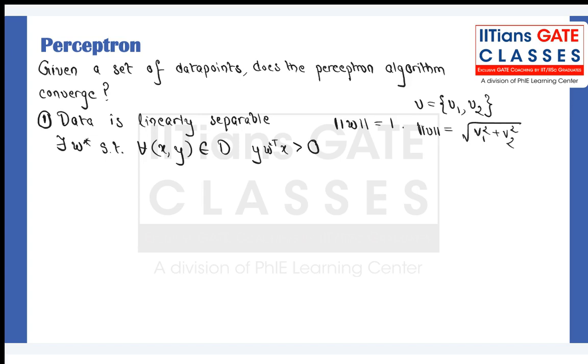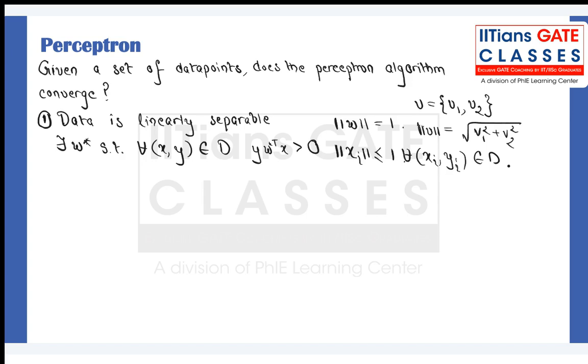It's the same thing. And another assumption that I make is I also standardize my data points. So each xi's norm is also less than or equal to 1. It is at most 1, for all xi comma yi belonging to D. So what is my assumption?